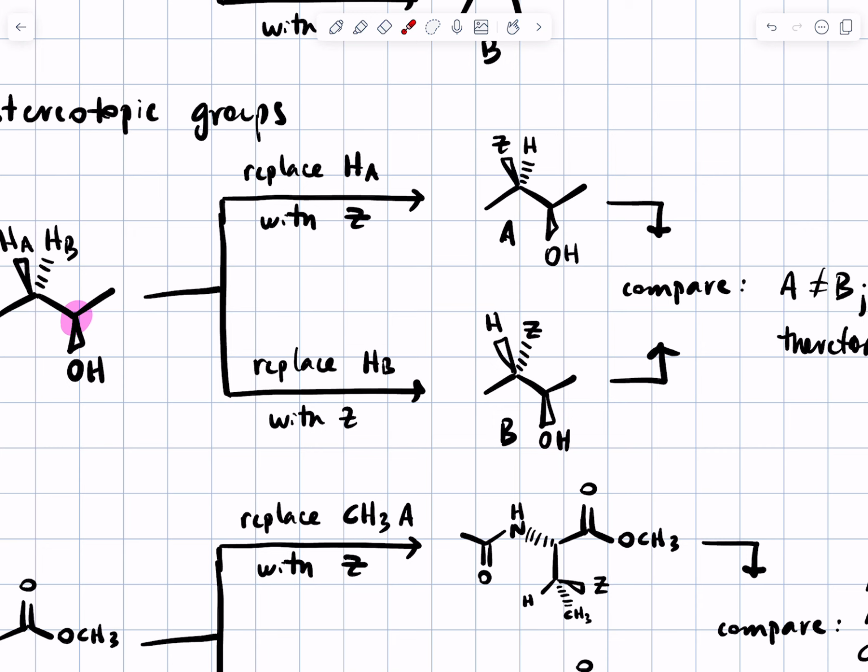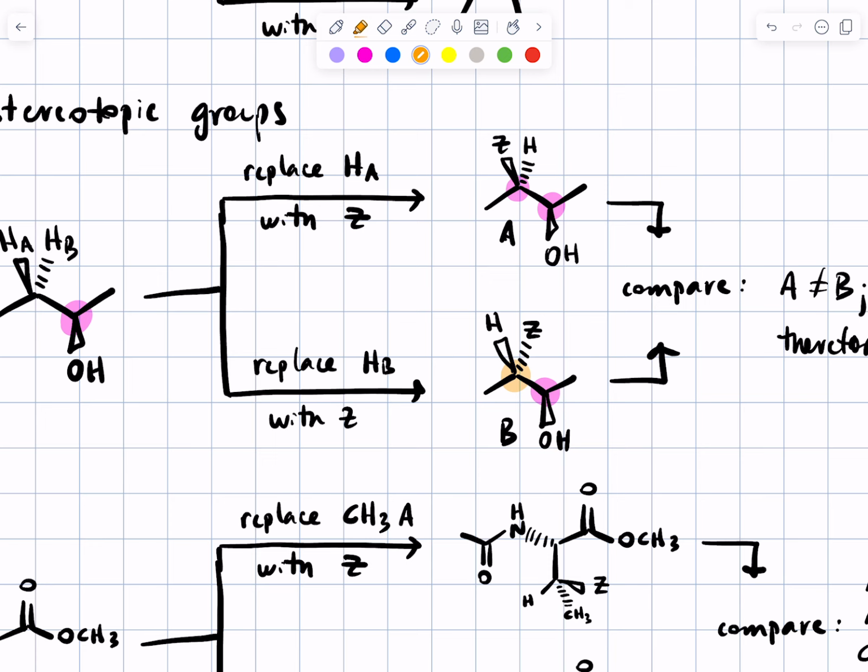What's the relationship? Diastereomers. You can tell that because the one stereocenter stays the same, the other stereocenter changes configuration. So the thought experiment molecules are diastereomers, therefore the protons we replaced are diastereotopic.